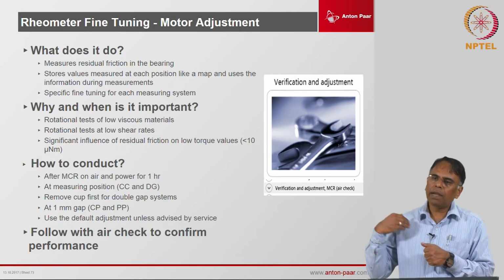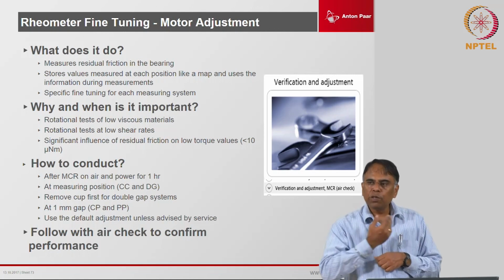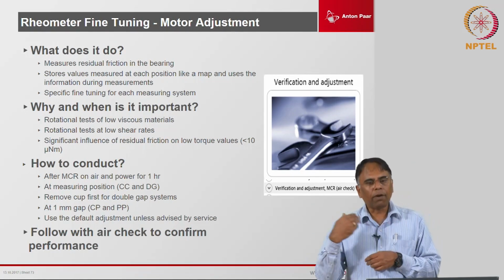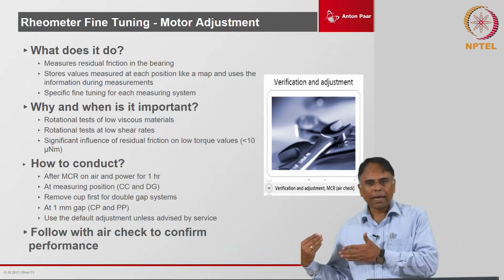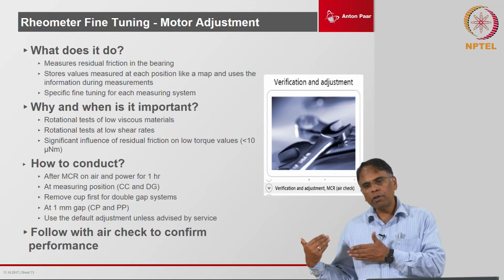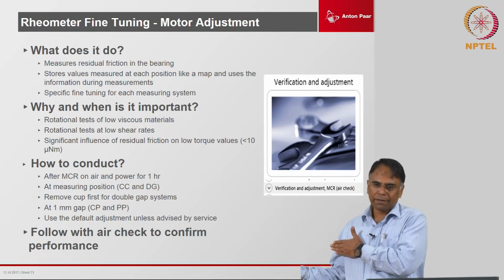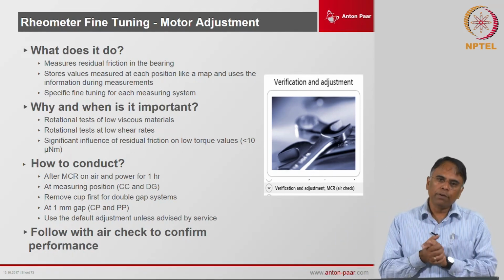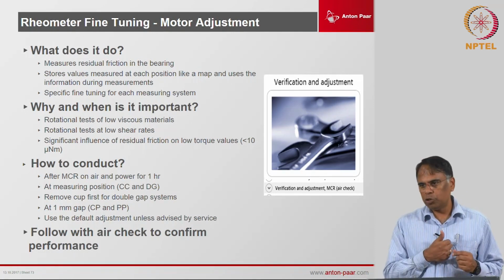In a motor adjustment, what is done is for every geometry, the residual torque across the whole 360 degrees is recorded and kept in the memory, and that is used when you are doing your sample measurement. So, this residual torque is subtracted from the sample measurements, so that you get the accurate values which are coming out only from the sample and not from the geometry.